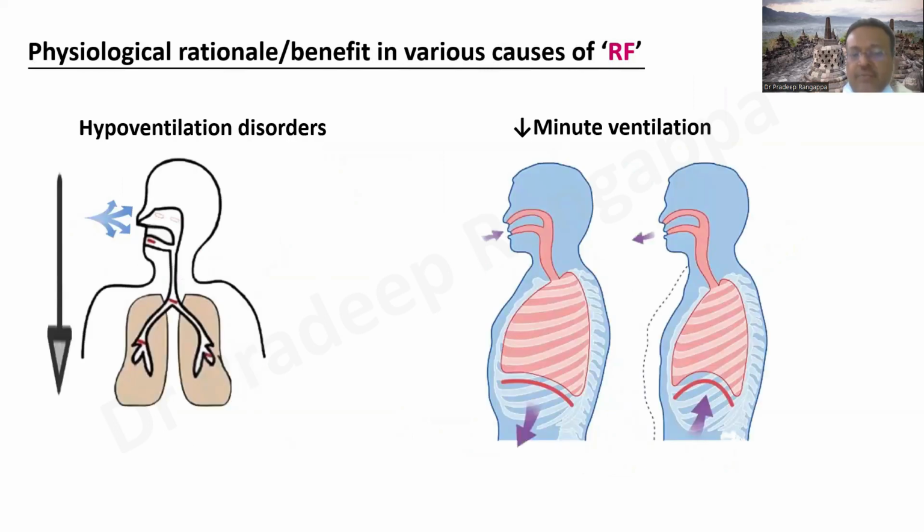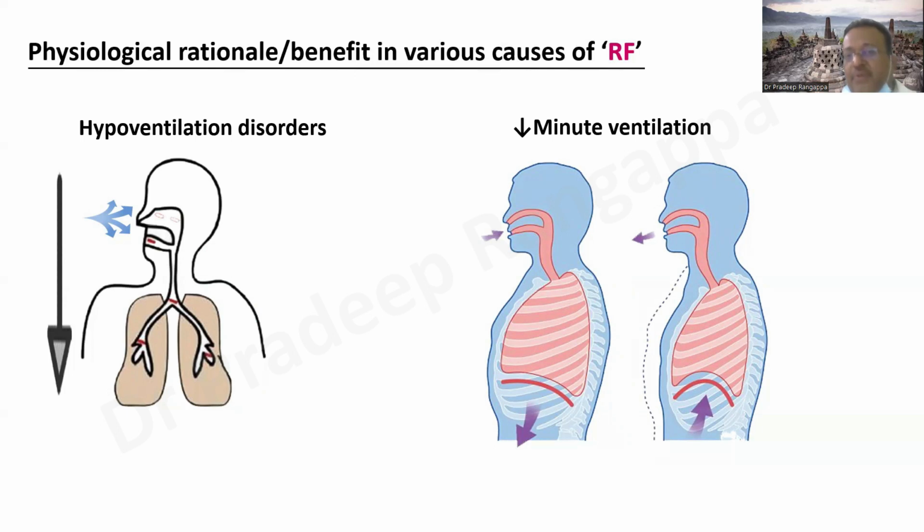And it is also important to understand that NIV is helpful in hypoventilation disorders. As I said, it augments the functioning of your respiratory muscles in situations where your minute ventilation is down due to neuromuscular weakness. And many of the end-stage COPDs would have muscle atrophy and chest muscle wasting.